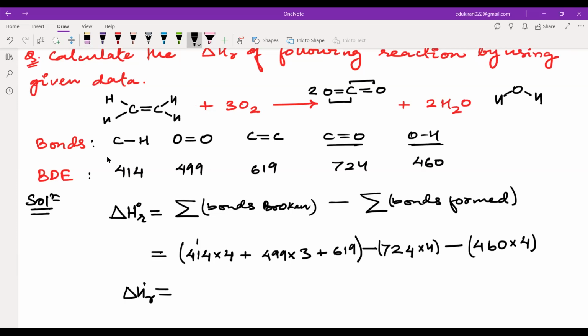4 4s are 16. 4 1s are 4. Yes, Mamuna, correct. 4 4s are 16. Plus 499 into 3. Rather, I would say 5 दिया 1500. 1500 में 3 घटा लो, है ना? 1500 में 3 घटा लो, 1497.